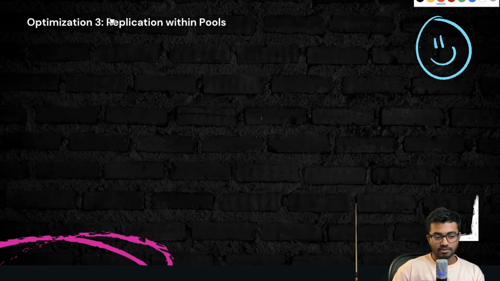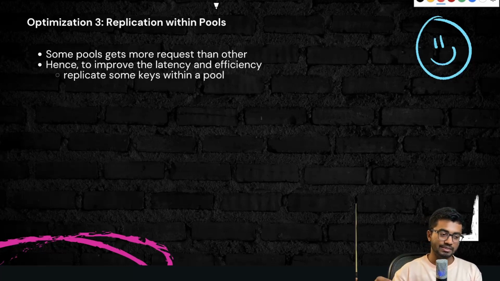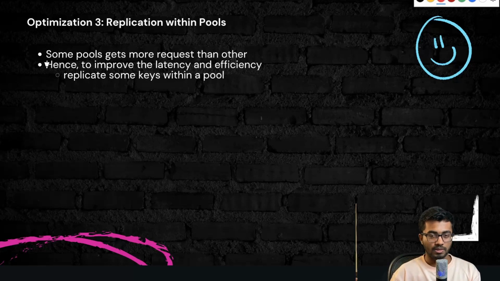The third optimization strategy is the replication within pools. We talked about having different pools inside the cluster. Now, how do we replicate the data inside pools? Why is this needed in the first place? That is the first question that we should think about, right? Some pools get more requests than others. So it can happen that certain pools are very hot, that means they're getting more and more requests than the other pools.